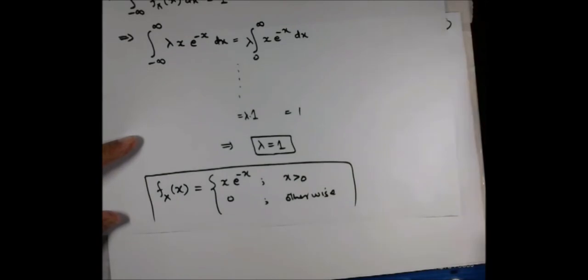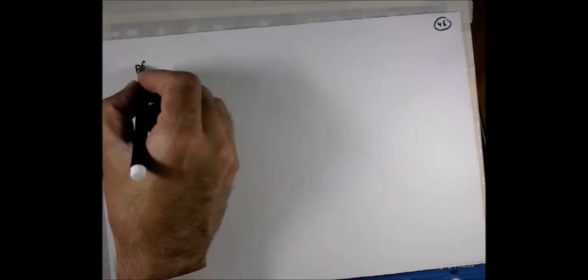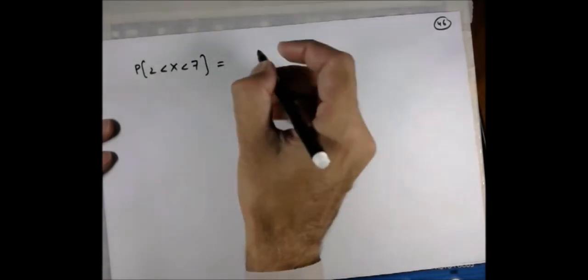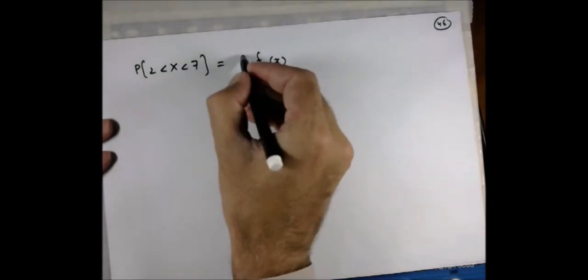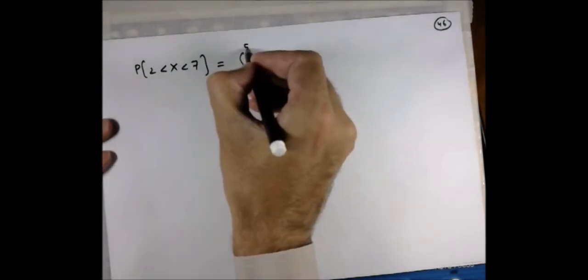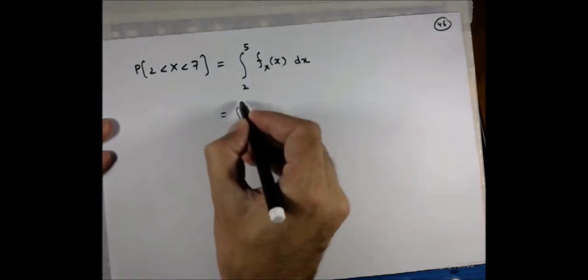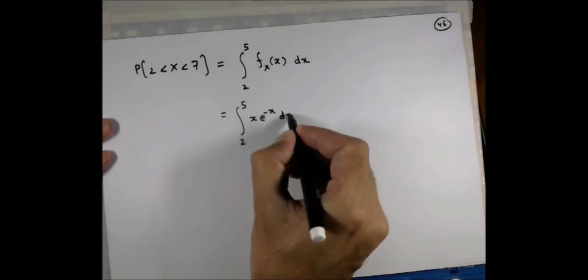One was x is between 2 and 5, and the next was at least 7, which is x greater than or equal to 7. So this is another way of finding the same probability, by utilizing the PDF expression and integrating it from 2 to 5 dx. So this will be the integral from 2 to 5 of x e raised to power minus x dx.